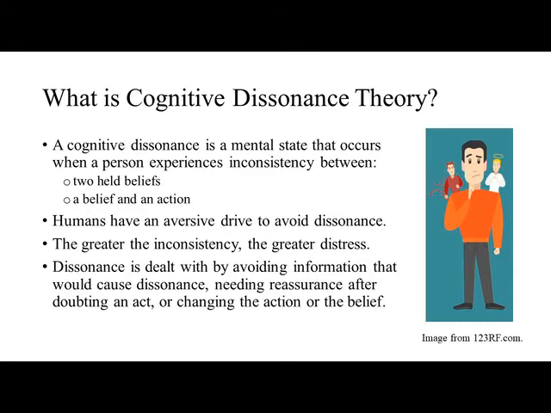The theory also goes into detail about how people who experience cognitive dissonance deal with it and react to it. Some people deal with it by avoiding information that would cause them to question their beliefs, because information that's inconsistent with what you believe could cause dissonance.